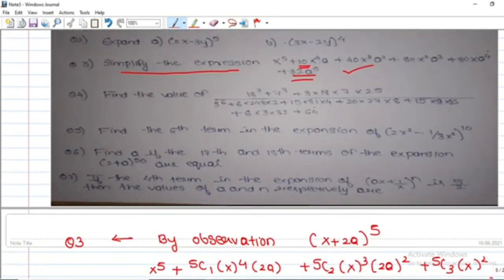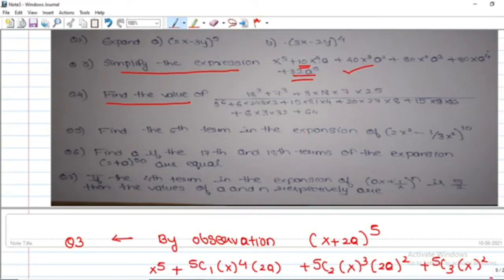Now let's move on to the next question, which says find the value of 18 cube plus 7 cube plus 3 into 18 into 7 into 25, the whole upon 3 power 6 plus 6 into 243 into 2 plus 15 into 81 into 4 plus 20 into 27 into 8 plus 15 into 9 into 16 plus 6 into 3 into 32 plus 64.